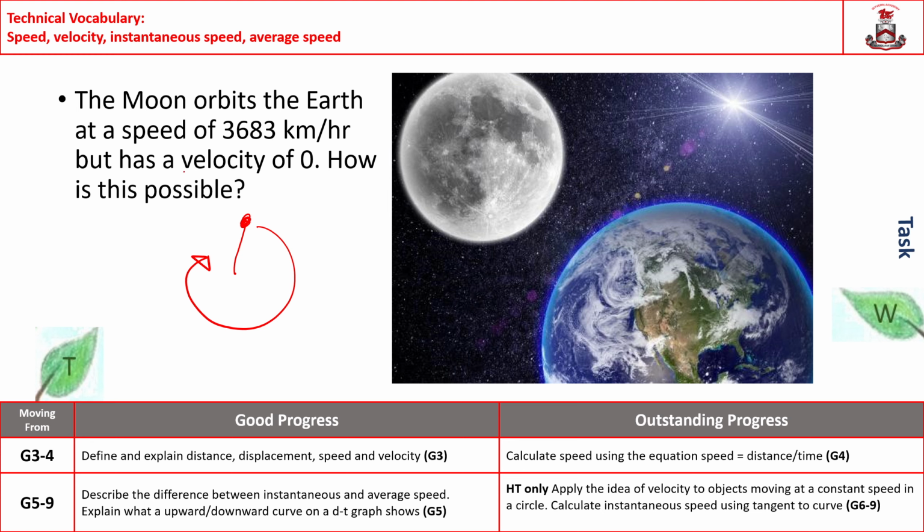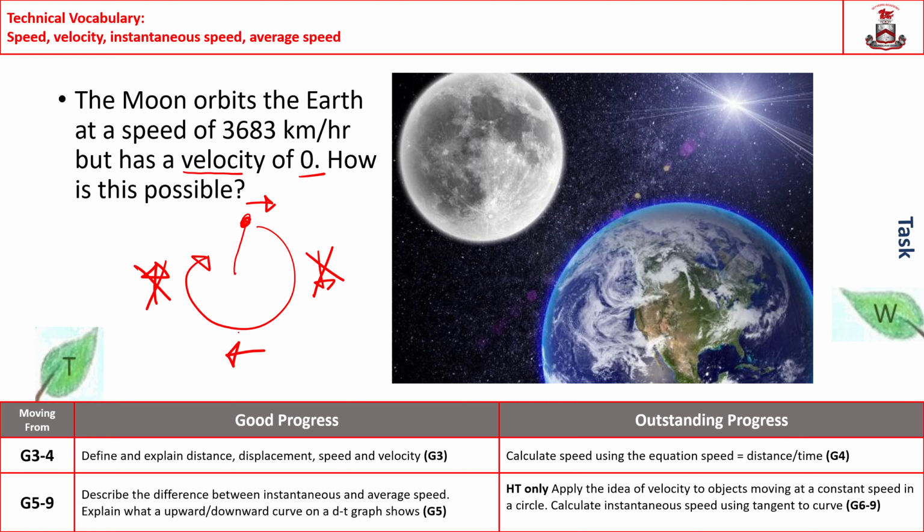Because velocity has a speed and a direction, the velocity of this ball at the top is that direction. The velocity of the ball going down is there. The velocity of the ball at the bottom is that way, and going up it's like that. So it goes round and round in a circle. But what happens is, if you're calculating it, the velocity of this side and this side are opposite, aren't they?